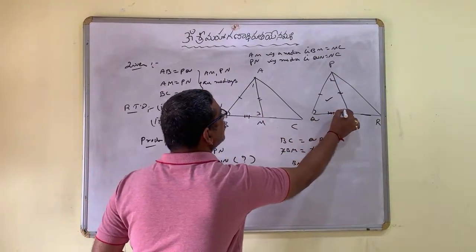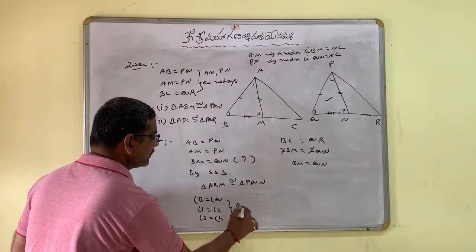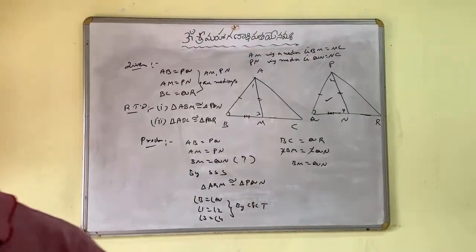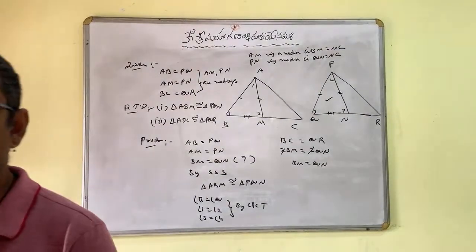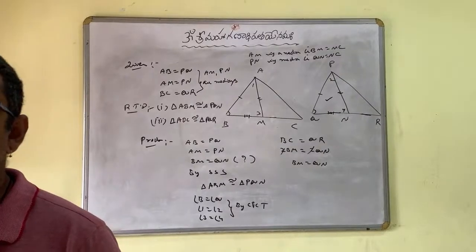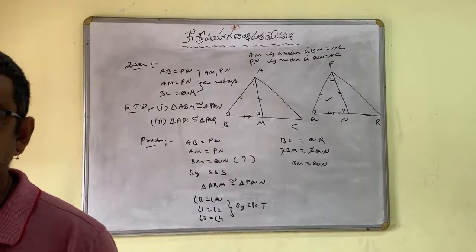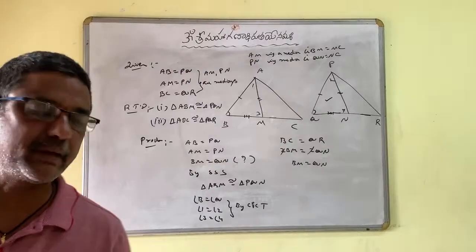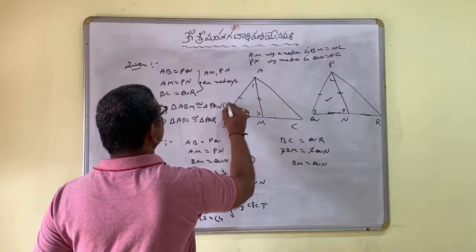Angle 3 is equal to angle 4, by CPCT. So the first one is done, and we wrote the CPCT parts also. First one is done, triple S congruency.